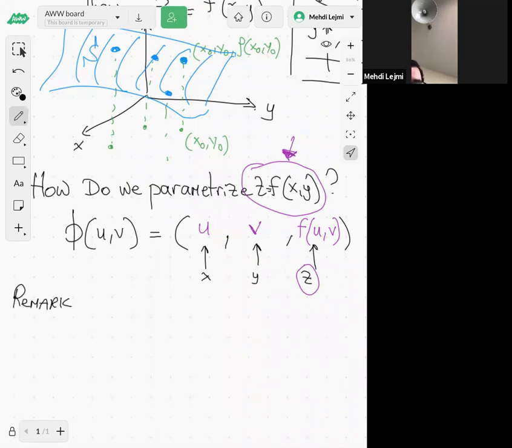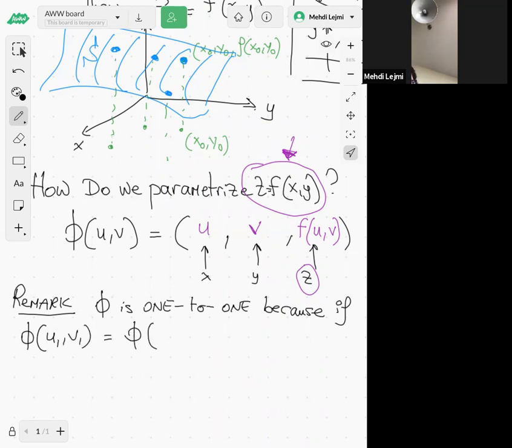I mean, this phi is 1-to-1 because if 2 points have the same image, that is, if phi of u1 v1 is equal to phi of u2 v2, then what's phi of u1 v1?